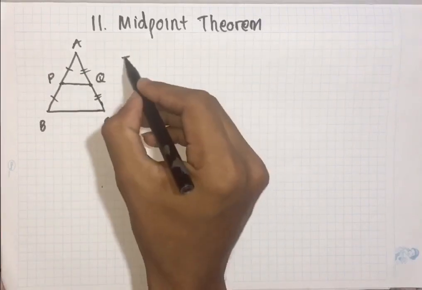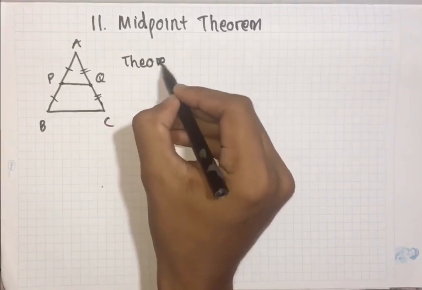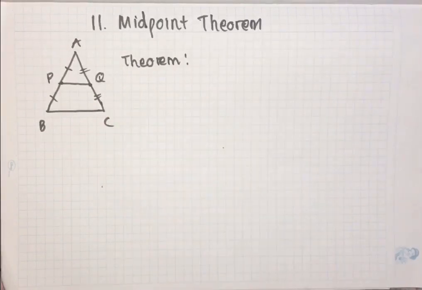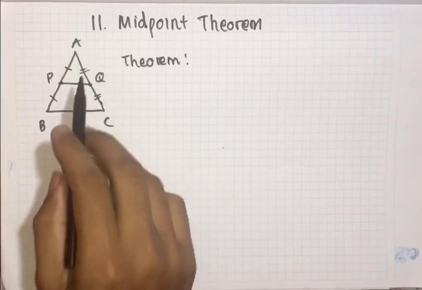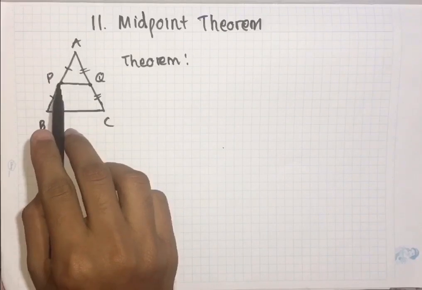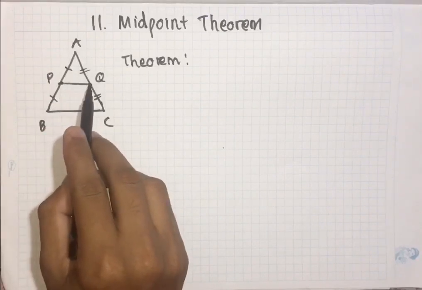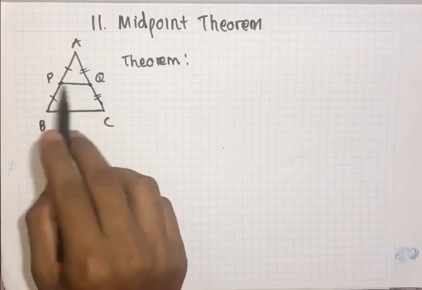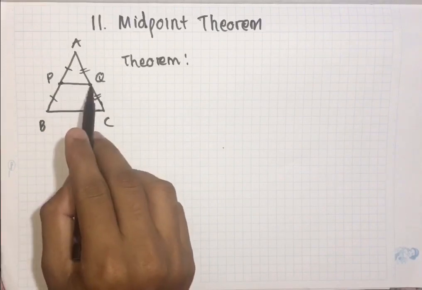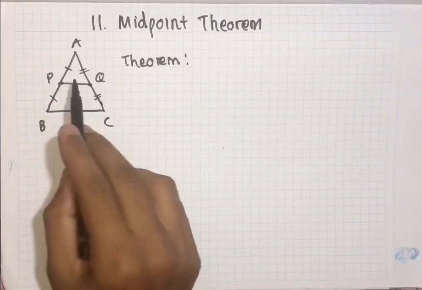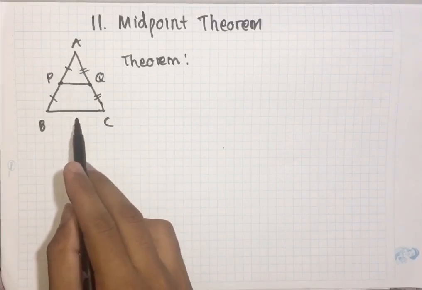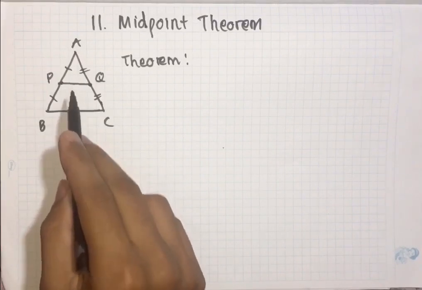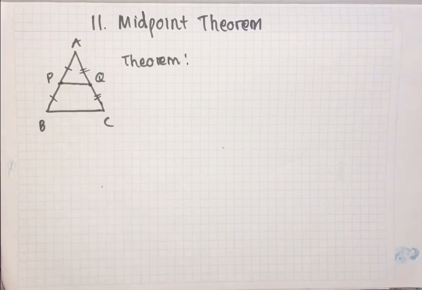The theorem says that if you take any triangle and join the midpoint of one side with the midpoint of the other with a straight line segment, it is parallel to the third side, and it is also equal to half the length of the third side.